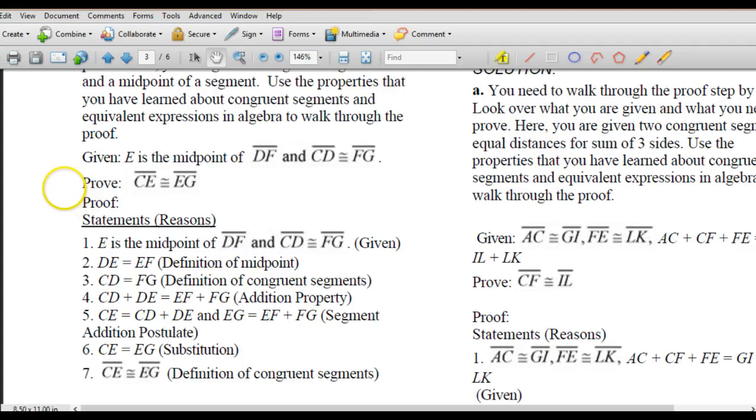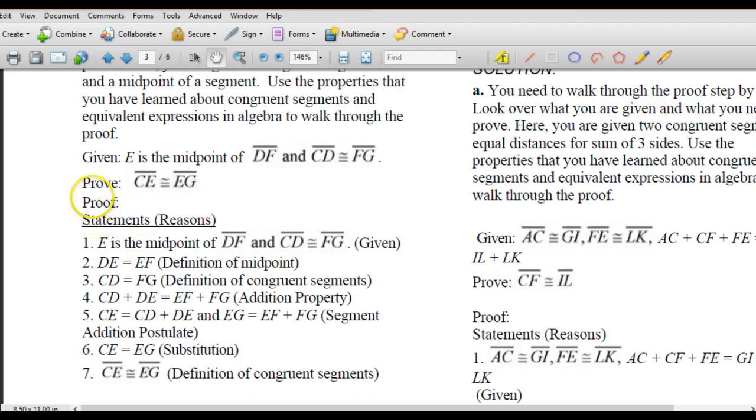Well, in the previous step, it says that CD is equal to FG, so I can add either CD or FG on the right, since I added CD on the left. So I added CD and FG to this equation, and I get a new balanced equation here by the addition property of equality.